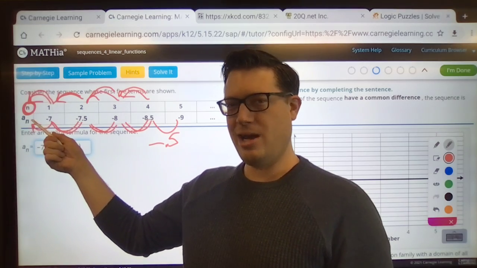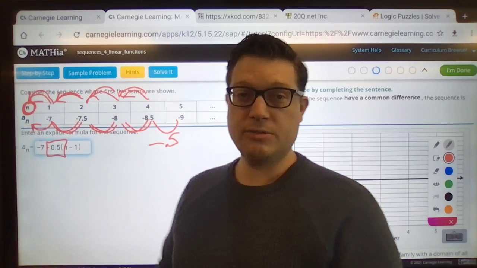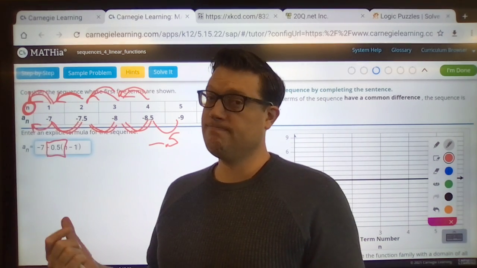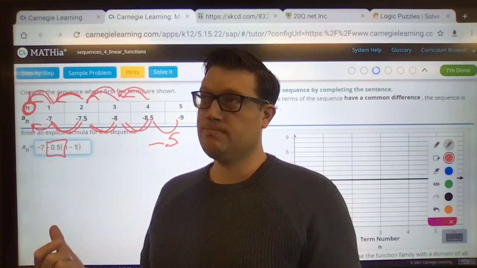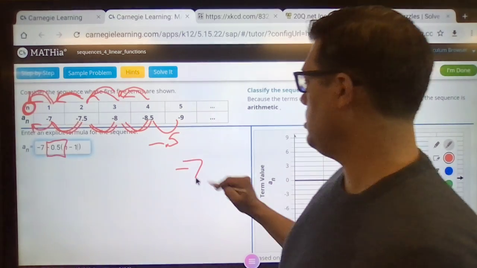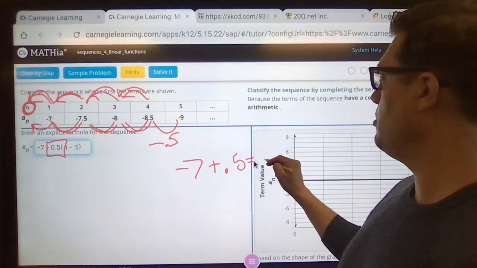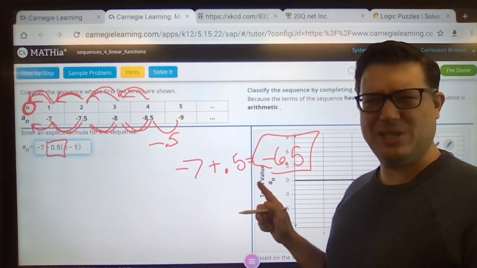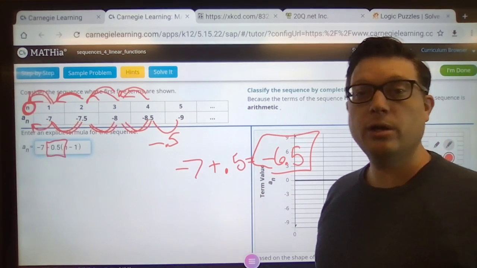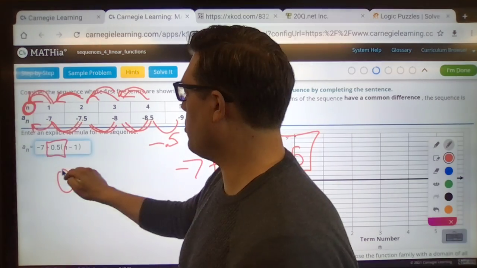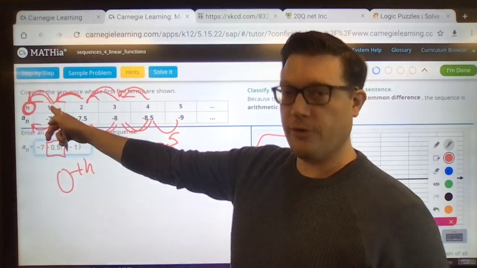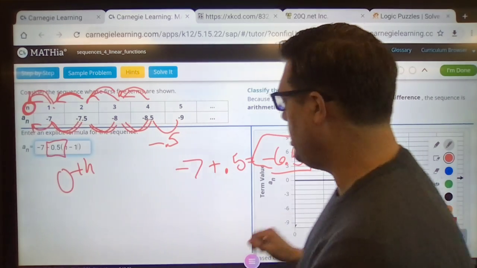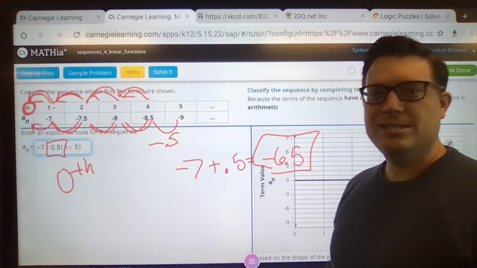What should be right there? 1 is -7, 2 is -7.5. What's 0? -7 plus 0.5. That's the 0th number. 0th? Is that really a word? Let's make it a word. So the 0th number, if this is the first term, second term, third term, meaning those are the terms, right? Then the 0th number is -6.5.